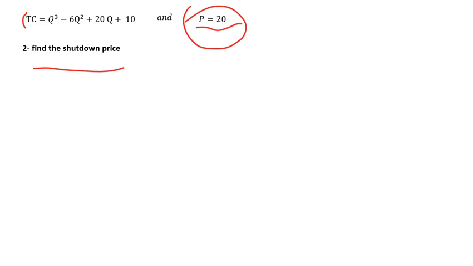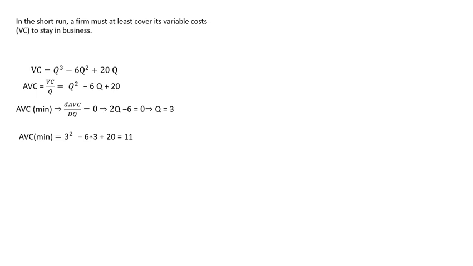How to find the shutdown price? Simply, first we need to find VC. We know that VC is the part of TC that depends on the quantity. AVC is simply VC over quantity, which means VC over Q. We will find this. Then we will find the minimum average variable cost. The minimum of this AVC we will get when the derivative of AVC with respect to Q equals 0.